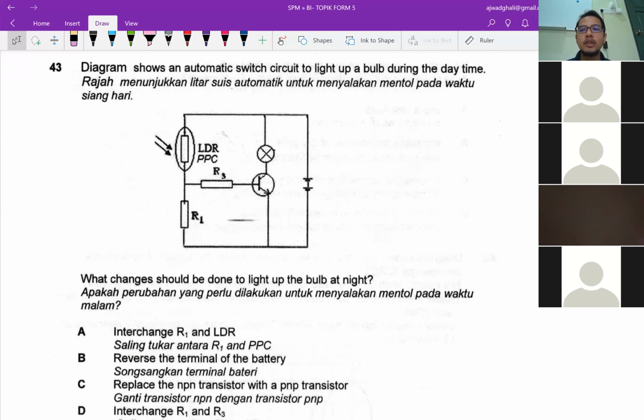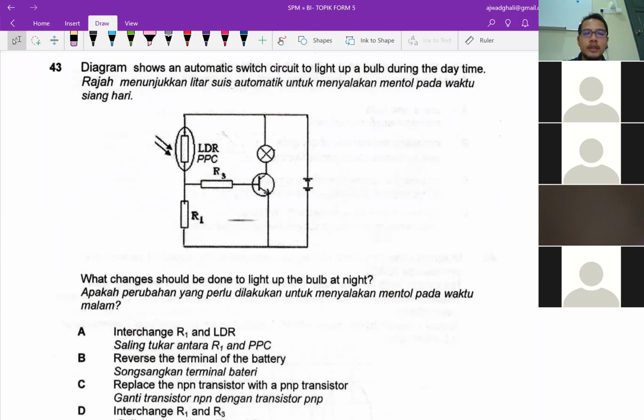What you need to remember is, LDR is a light dependent resistor. So the resistance changes with the intensity of light. That's why it's a light dependent resistor. The resistor depends on light. What I ask you to remember is, it will light up based on the position of the LDR.